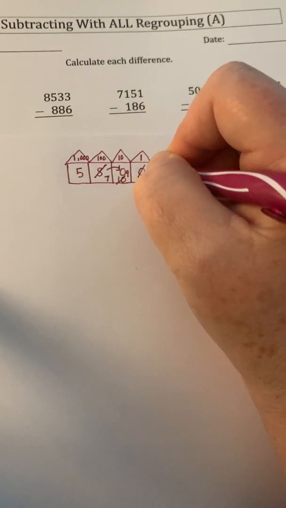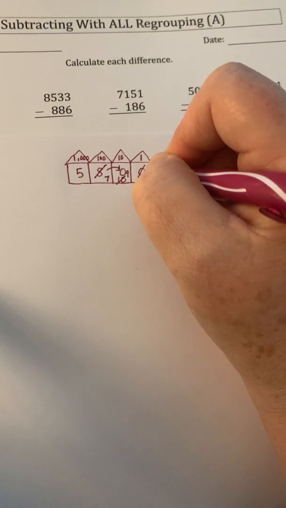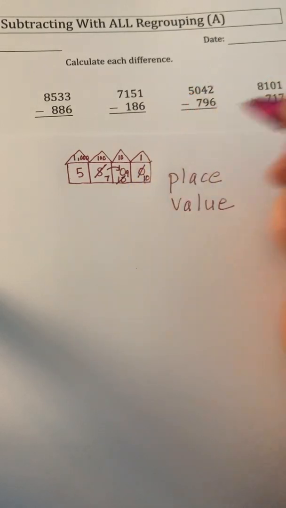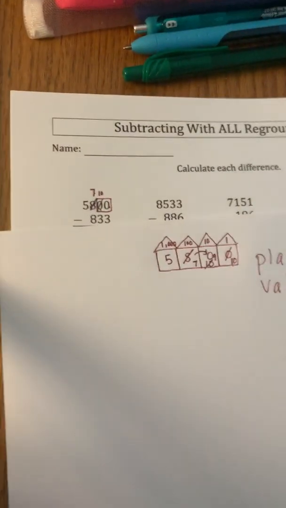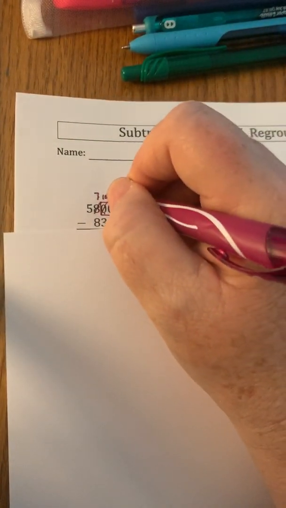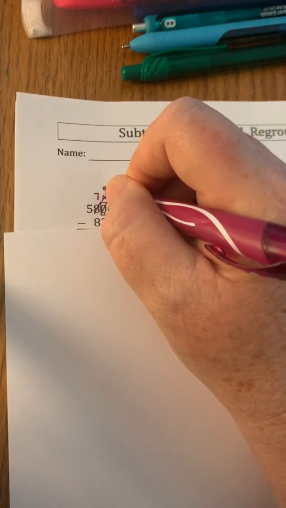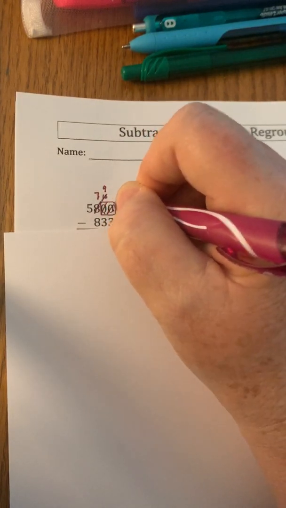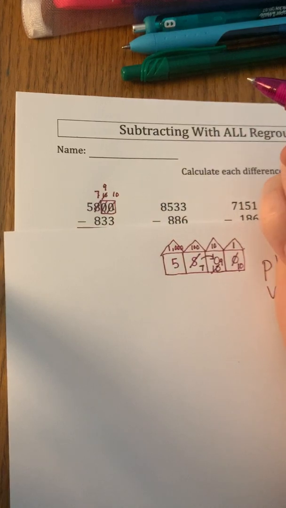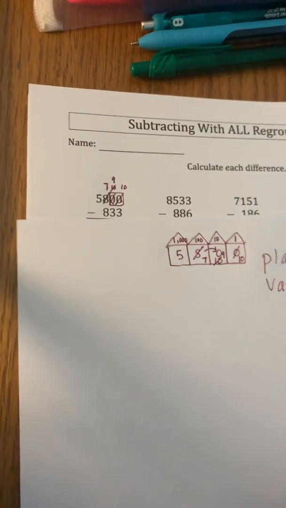So what does that total up to? 10. So I'm going to go over here. I took 1 from there. That made it 9. Bring it back. 10. Is that what you got?